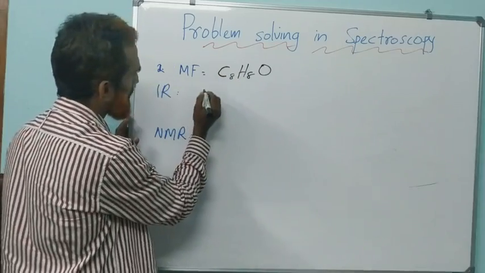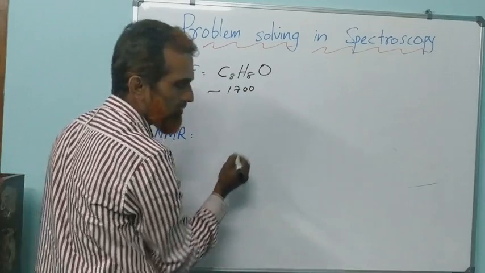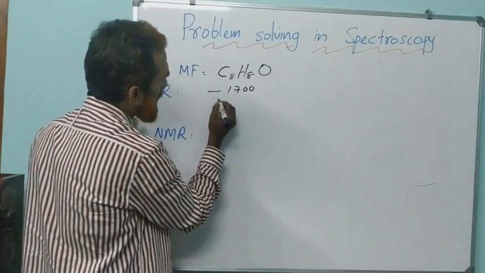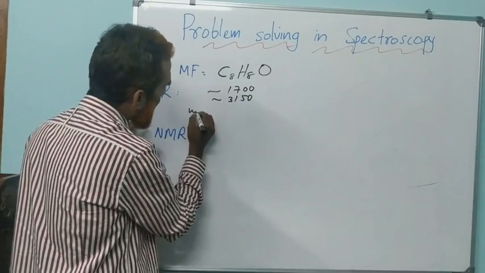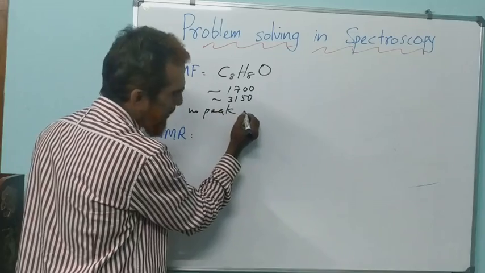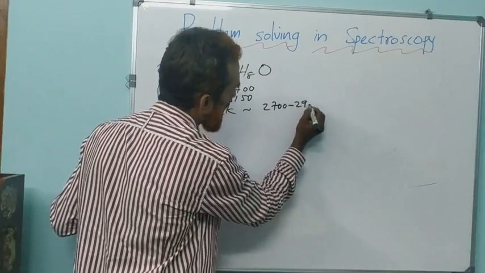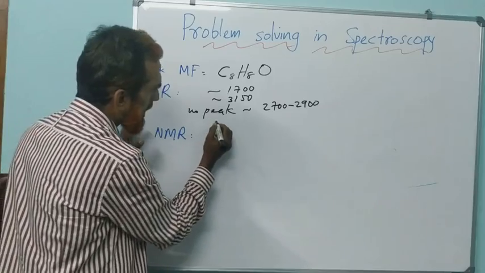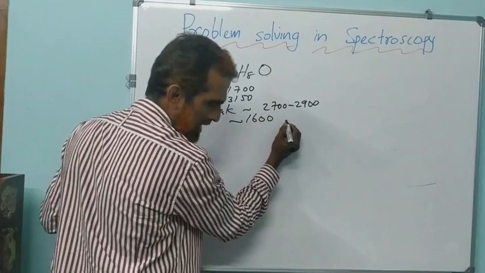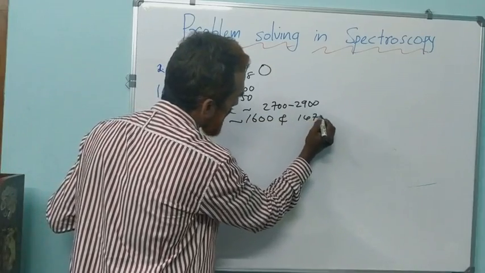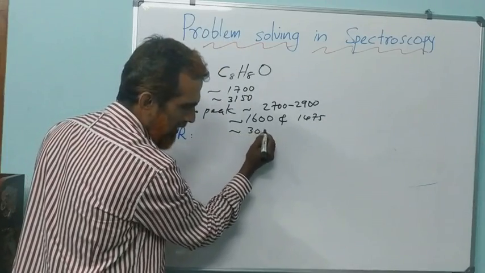Then IR data: there is a sharp peak at 1700. There is another peak at 3150. No peak in the range 2700 to 2900. There is a sharp band at 1600 as well as 1475, and there is another peak at 3000.